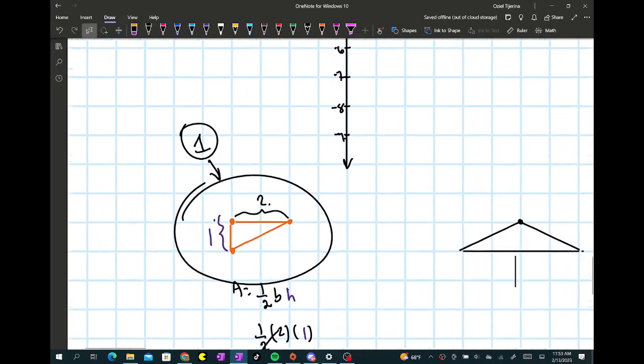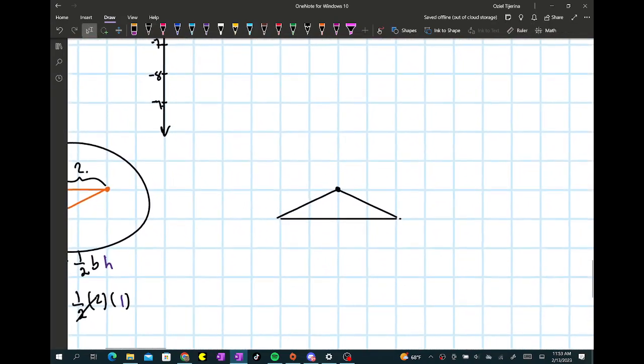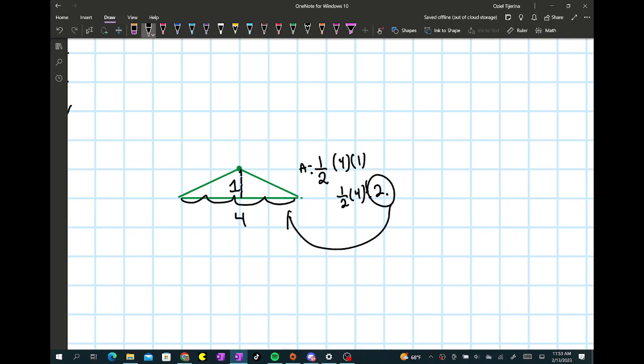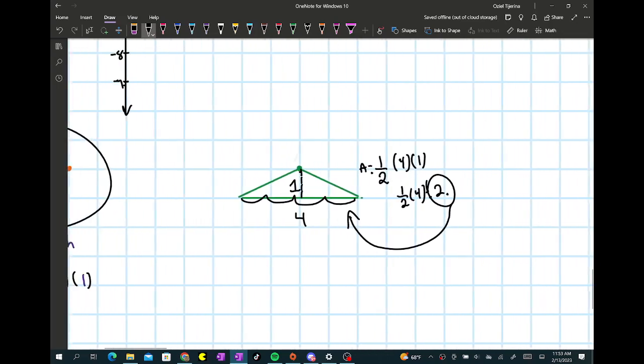By the way, this is supposed to be green. So the base is 4 and the height is 1, so it'll be 1/2 times 4 times 1, which is just 2. So the area of this is 2.